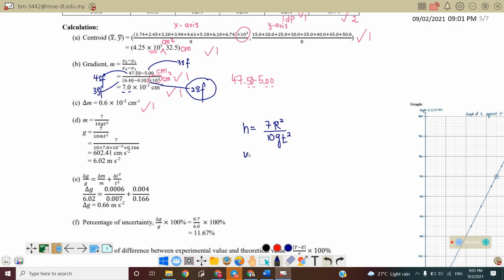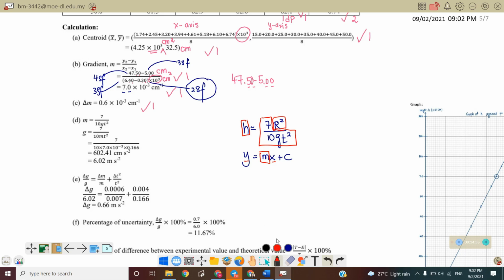So if you compare with y equals mx plus c, we know that h is the y-axis and r square is the x-axis. Finally we know that 7 over 10 gt square is actually our gradient. So we copy down here, our gradient equals 7 over 10 gt square.